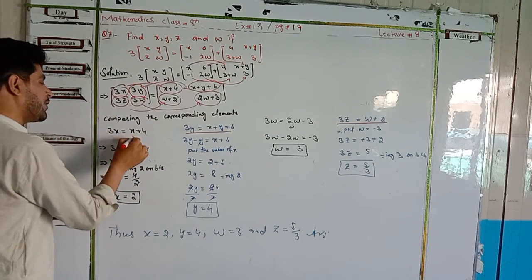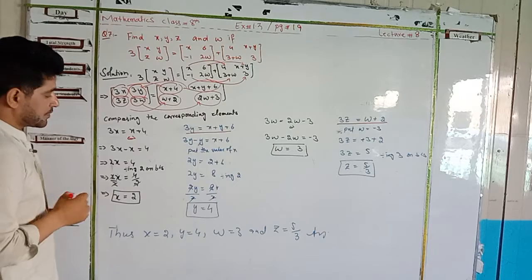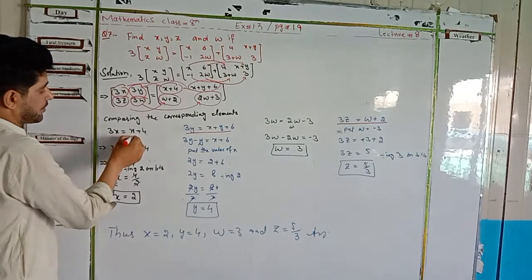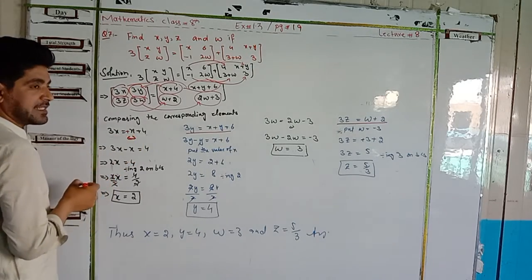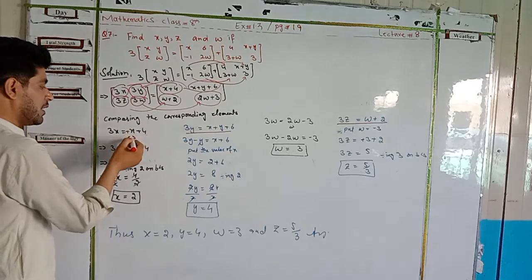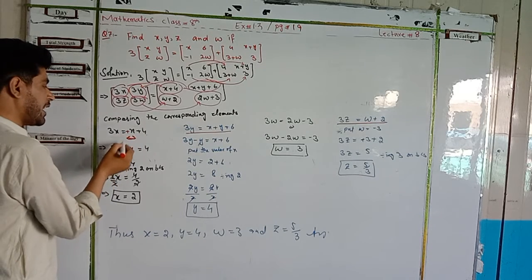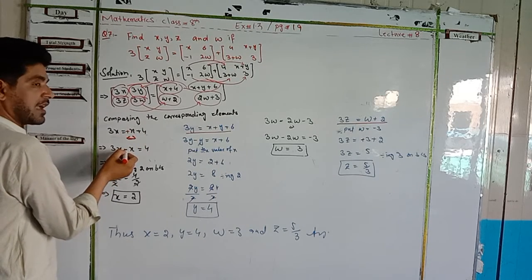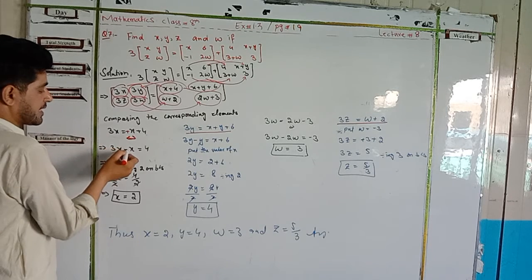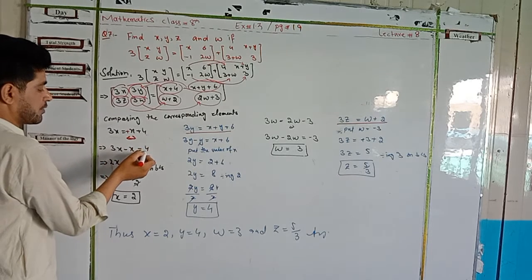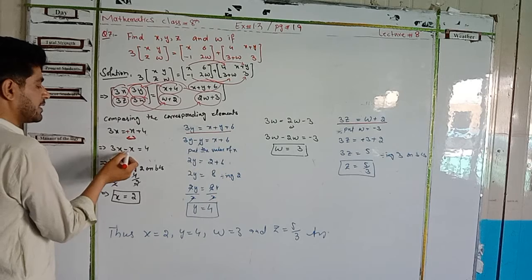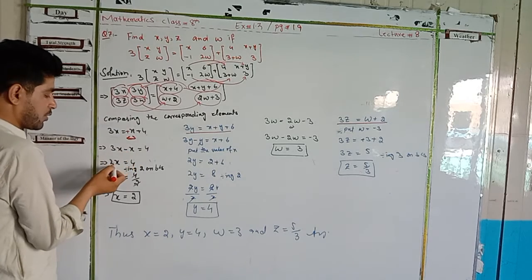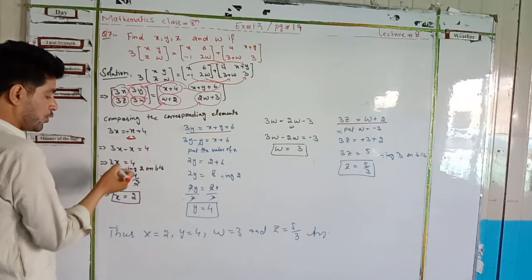We shift x to the left side. Here it is plus, and when we shift to the other side, it becomes minus. So 3x minus x is equal to 4, 2x is equal to 4.